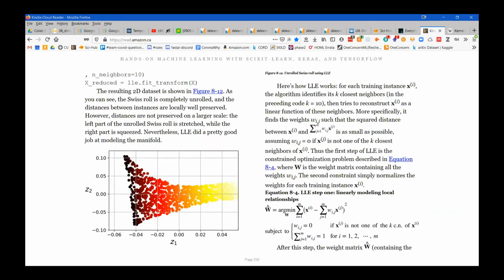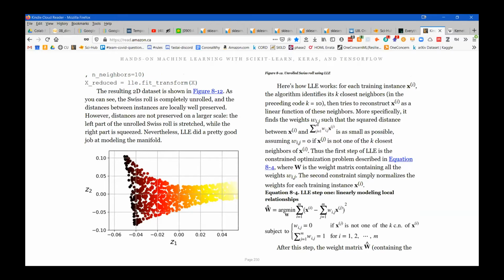And the nice thing about it is that it does what it advertises to do. You can imagine that the whole thing was the Swiss roll, but it's basically unrolled the Swiss roll, and there's some distortion, right? There's some stretching on the left-hand end and some squishing on the right-hand end, but it has maintained clusters of similar points to be still close enough to each other, right?